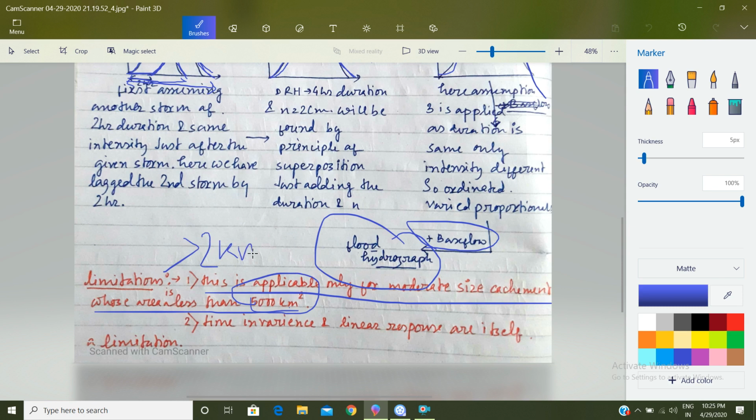Please write down, this is the minimum and this is the maximum for drawing a hydrograph. Time invariance and linear response are themselves limitations. Obviously these are assumptions taken for easy calculations.